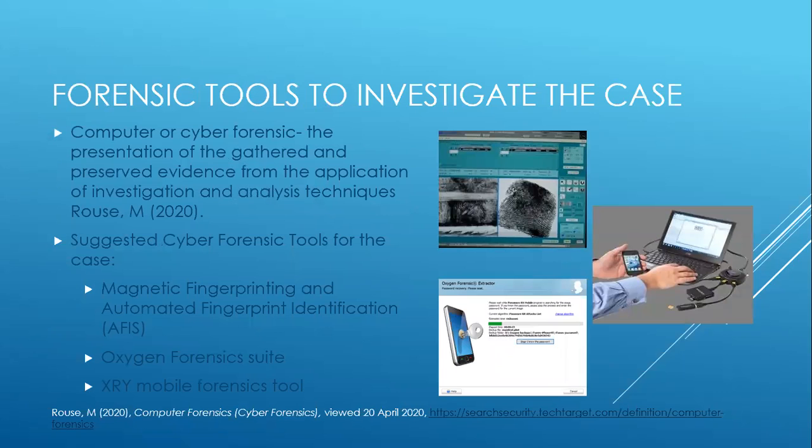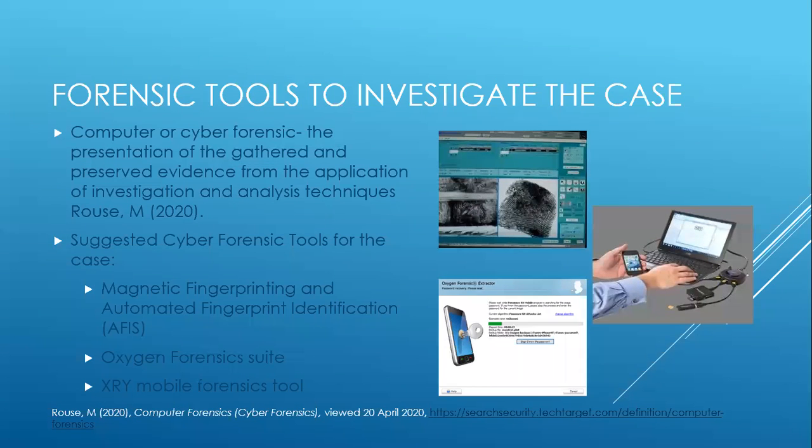Thank you, Sharu. So we identified 3 forensic tools to investigate the case. These are the magnetic fingerprinting and automated fingerprint identification, or AFIS, the Oxygen Forensic Suite, and the XRY mobile forensics tool.